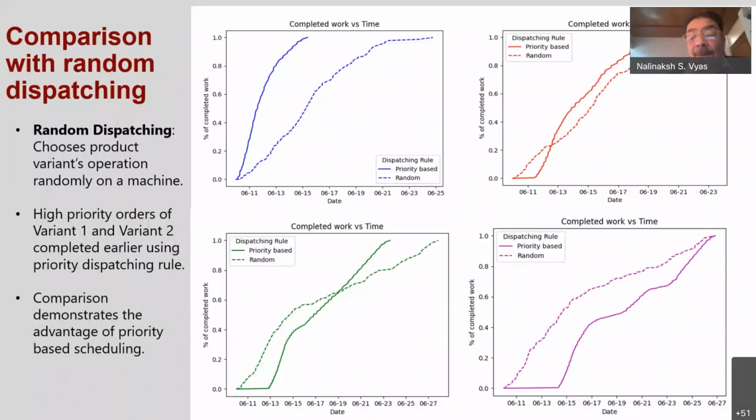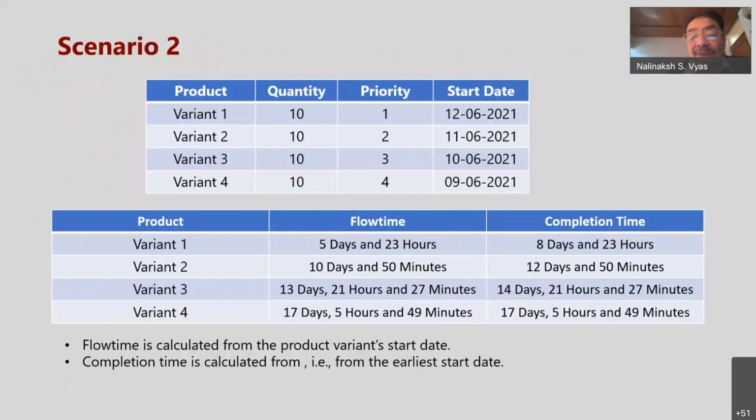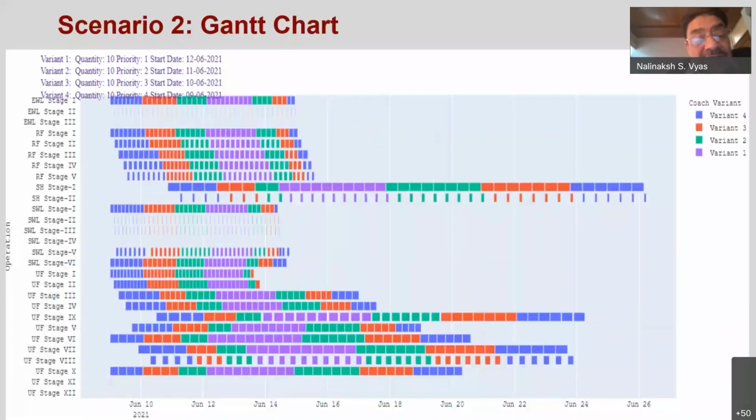In scenario 2, we give priorities and start dates in such a manner that you have some reshuffling that needs to be done. Here in this scenario, you start with blue, then you have to stop because some other priority has come up.